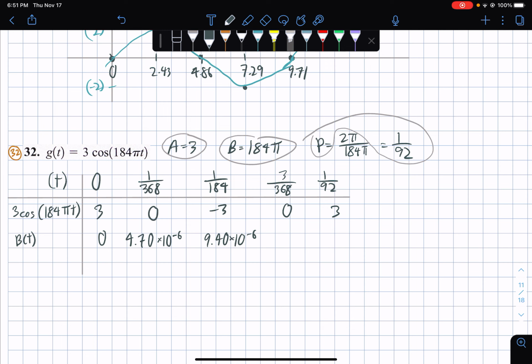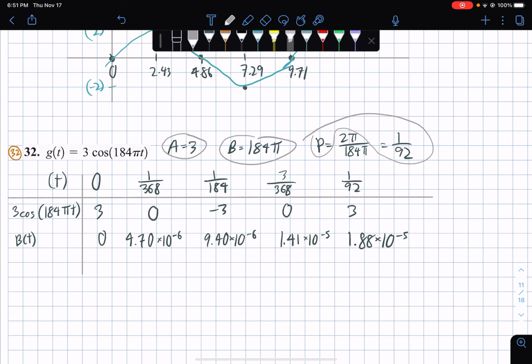So this time it's 3 over 368. We get 1.41 times 10 to the negative fifth power. 1 over 92 divided by 184 pi is 1.88 times 10 raised to negative 5.